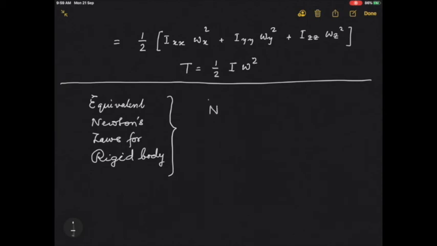And here I will not prove one step, because I guess that in your earlier studies you have done that, is that if I have a moment of a force, that is equal to the rate of change of angular momentum.